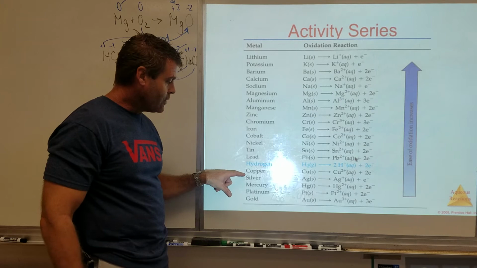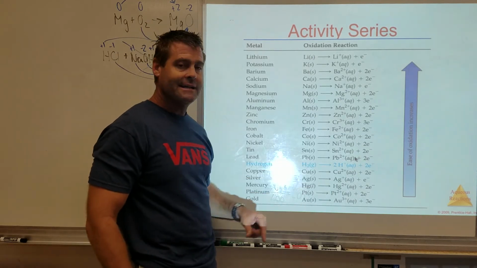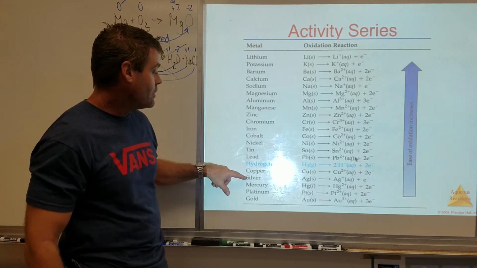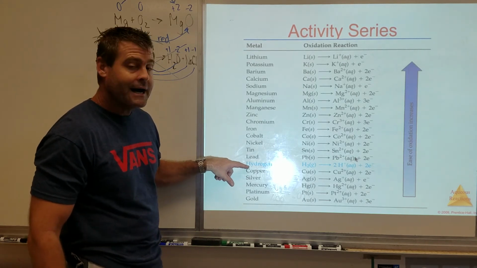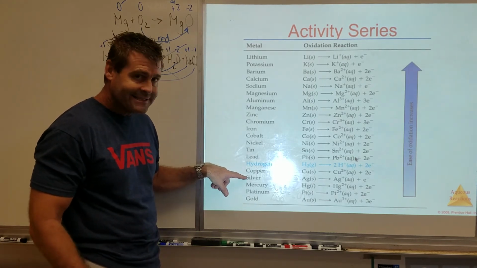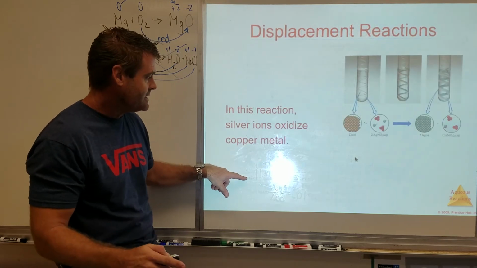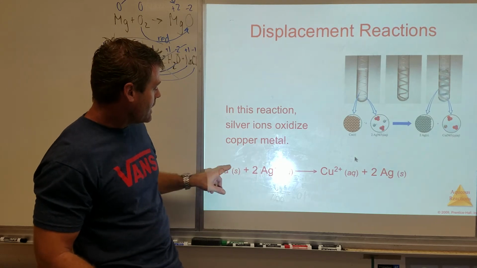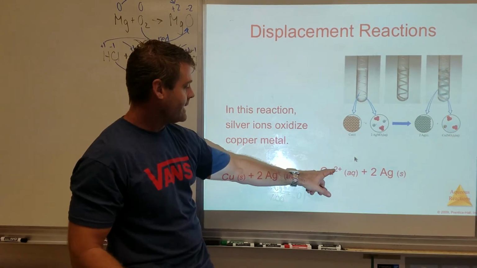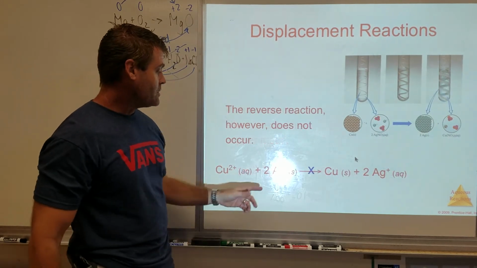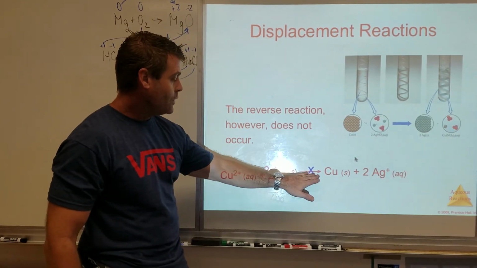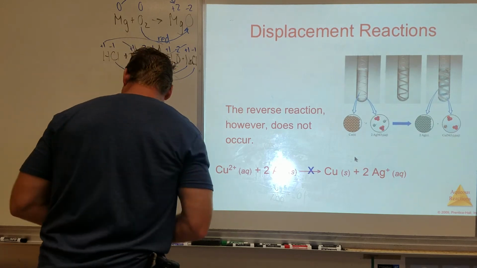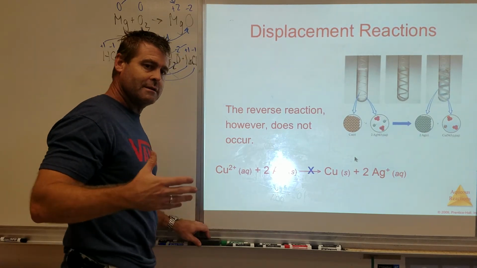Therefore, silver will not oxidize copper. Silver will oxidize copper, but copper will not oxidize silver. You guys see what we're saying here? Look, silver oxidized copper because copper got oxidized, but the reverse reaction, copper will not oxidize silver. That will not happen.